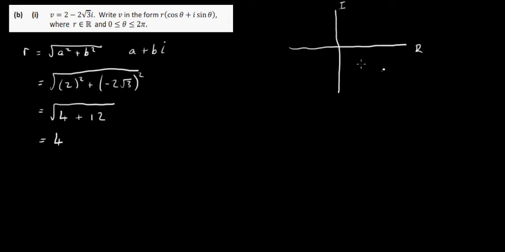So let's say it's here. This is our complex number v here. So we've gone out 2 units, and we've gone down minus 2 root 3. Okay, now we have to find a couple of things here.